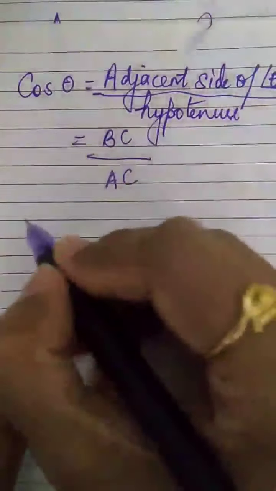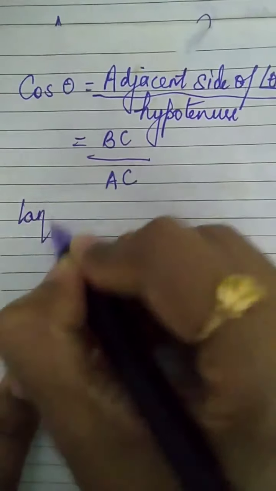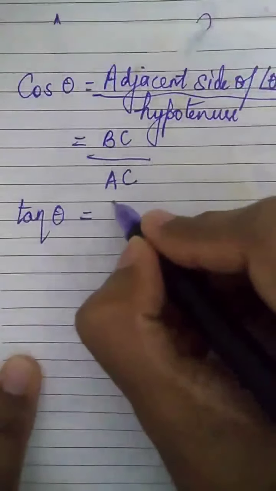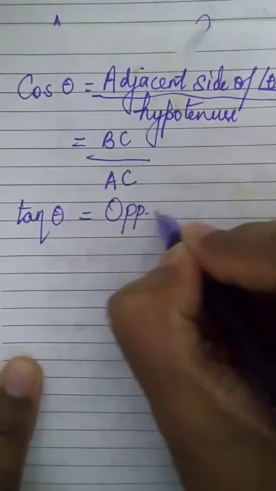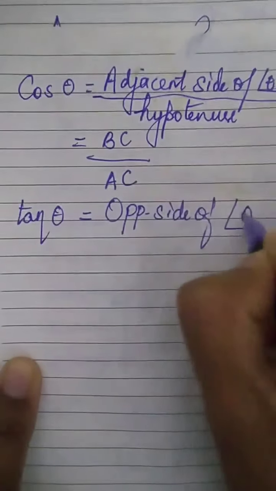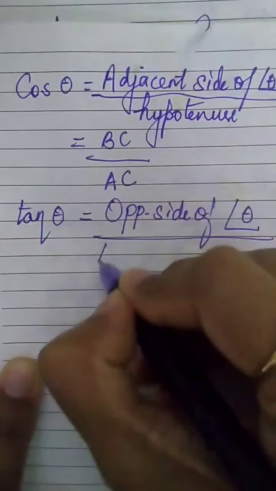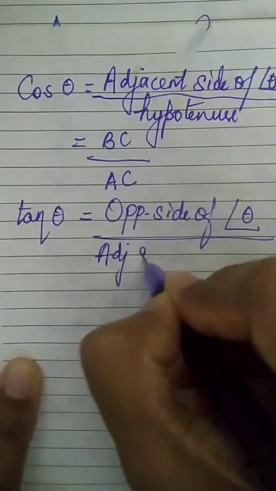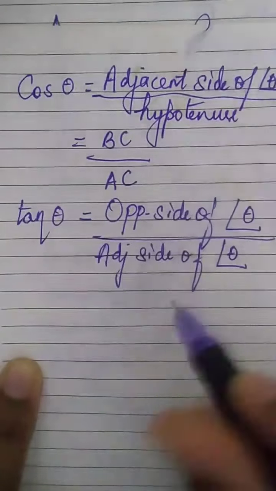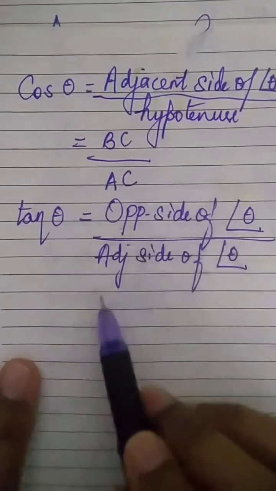Now let us learn the third trigonometric ratio, that is tangent or tan theta. Tan theta is nothing but the opposite side of angle theta upon the adjacent side of angle theta.